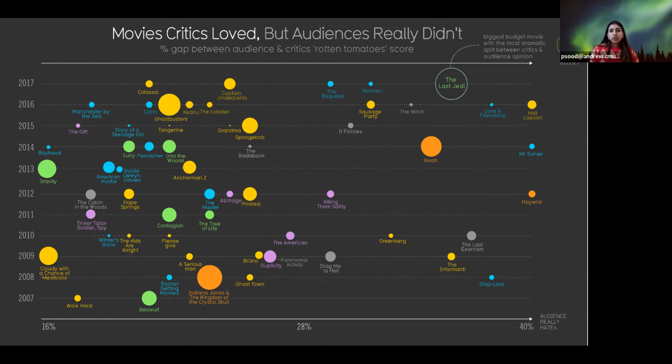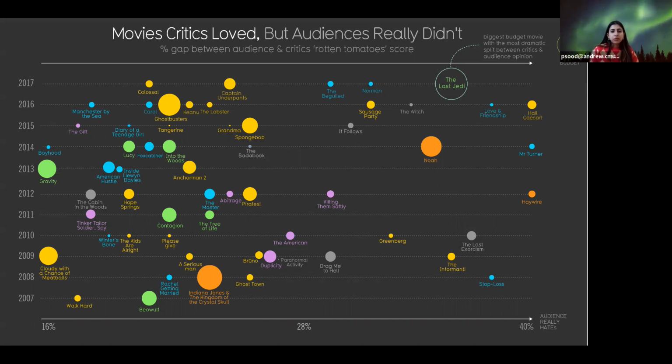There's a third dimension, which is the budget of the movie, depicted by the size of the circles. And there's also a fourth dimension, which is the genre of the movie. So the yellow depicts comedy, and likewise we have the lilac representing horror, and so on. So this is the visualization that we will be critiquing in this presentation.